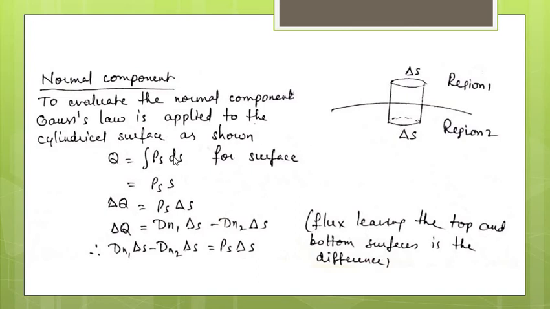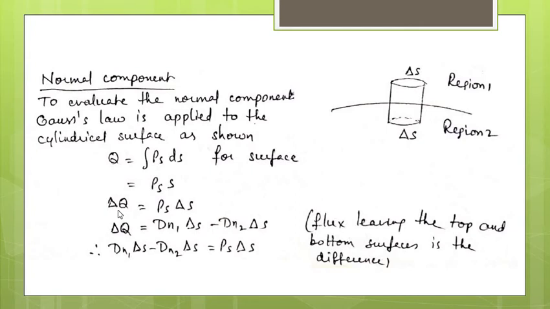So according to Gauss law, we can write this equation Q is equal to integral rho S into dS. This rho S is the surface charge. Here rho S is a constant, so we can put this rho S outside the integral and integrate this dS. The integral of dS is S. So we can write Q is equal to rho S into S.